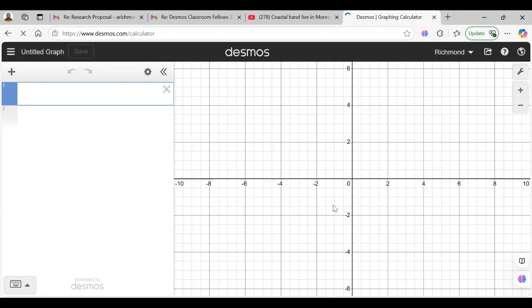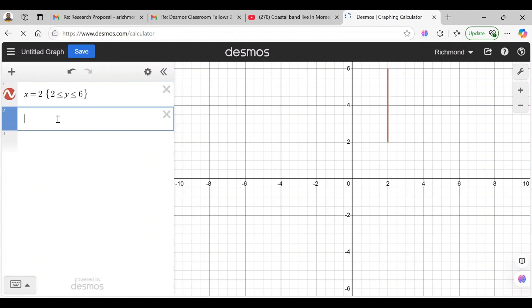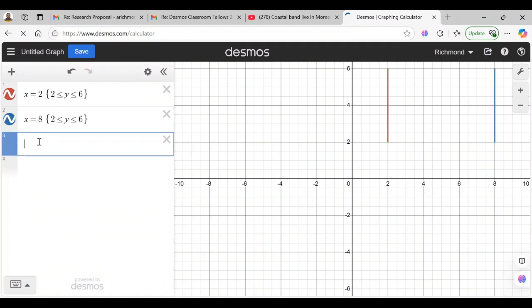So let's start with the first equation, x equals 2. But with this equation, I will restrict the boundaries to 2 less than or equal to y less than or equal to, let's say, 6. I may have another equation of the form x equals 8, with the same boundary condition, 2 less than or equal to y less than or equal to 6.